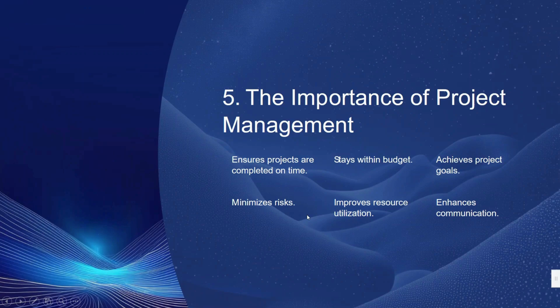So by identifying and managing risk early on, project managers can mitigate negative impacts and avoid project failure. Then we have improved resource utilization. So using project management, you can say proper resource management ensures that all the resources, meaning human, material, and financial, are used effectively and efficiently.